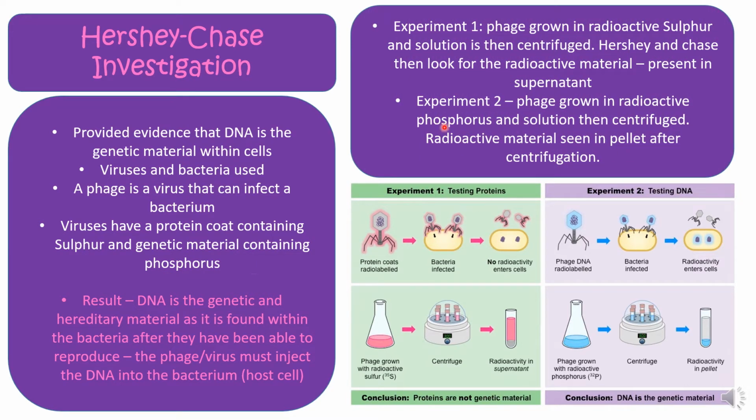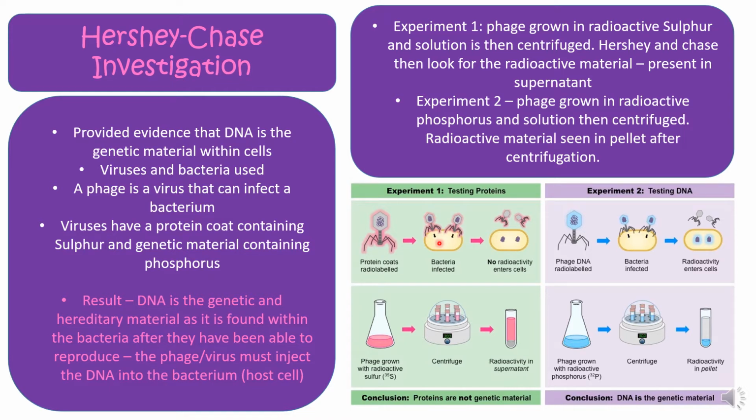Okay, so in experiment 1, which is this one here in the green box, the phage is grown in a radioactive sulfur solution. What that does is make the outside protein coat radioactive. Then they mix the phage with bacteria, and we know now, but Hershey and Chase didn't know this, that the virus is injecting the DNA into the bacteria.